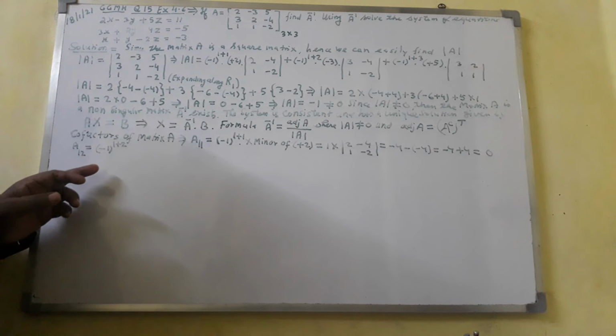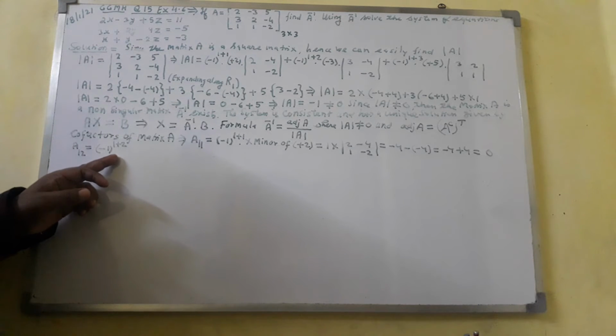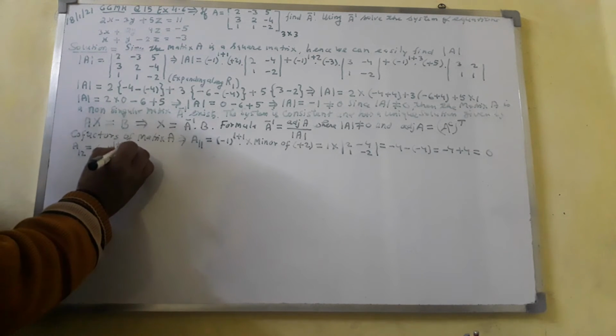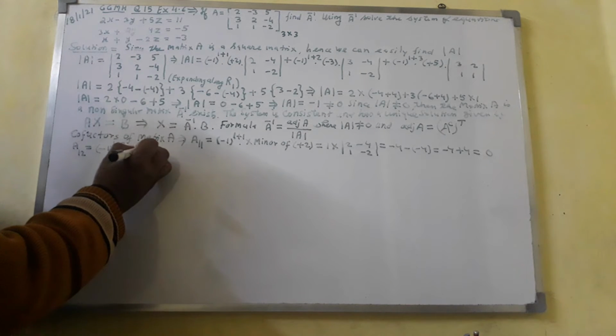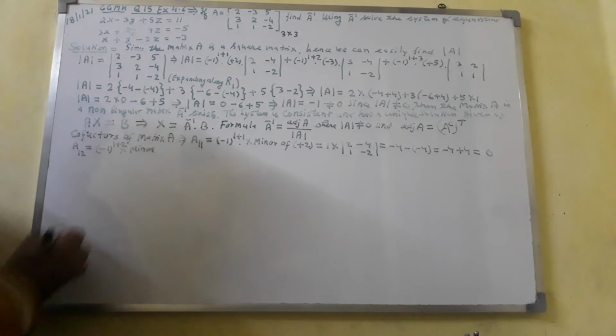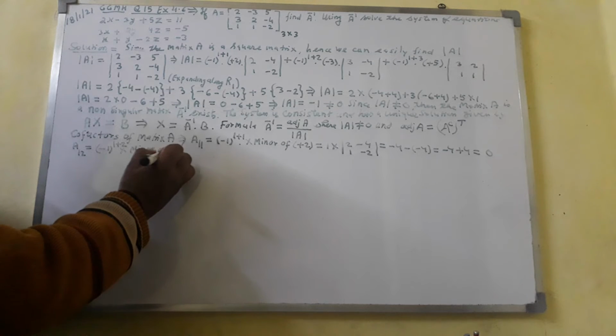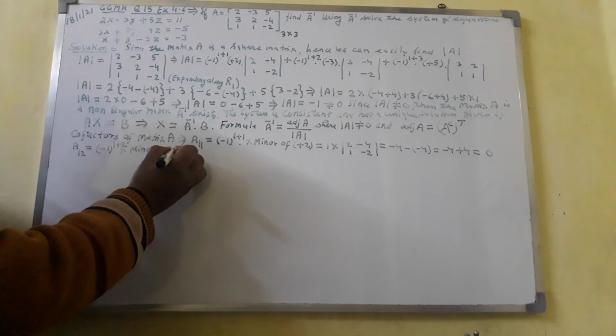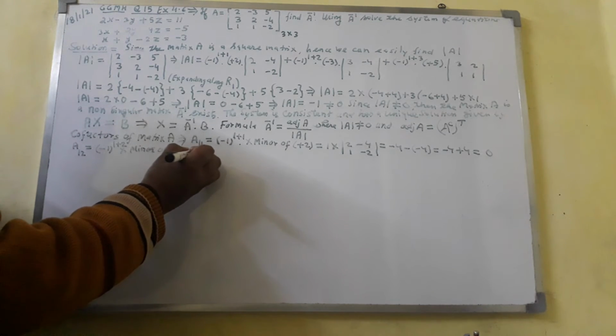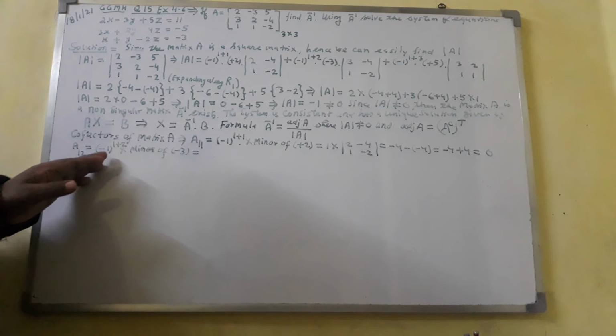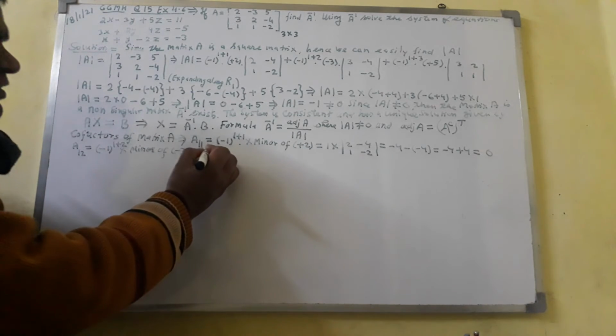After that, what will we do? Into minor of -3. Here 1 plus 2 comes out to 3, -1 raised to power 3 comes out to -1.